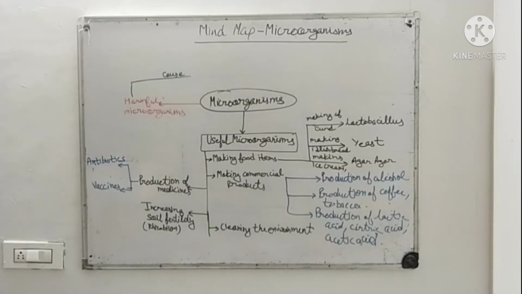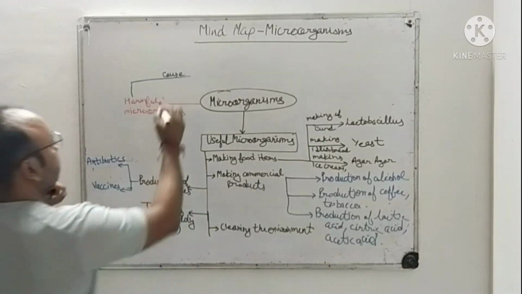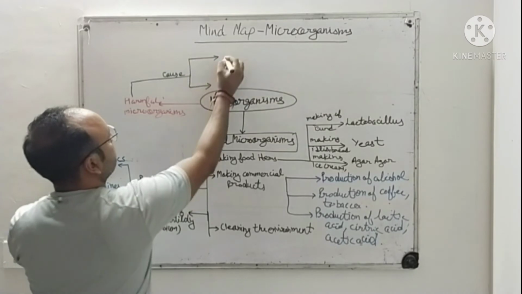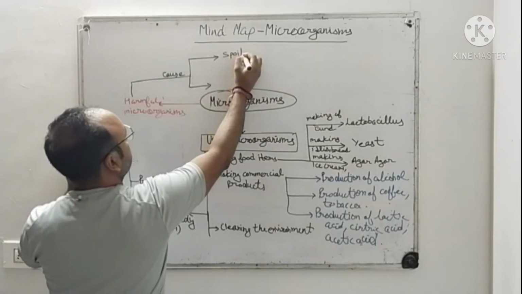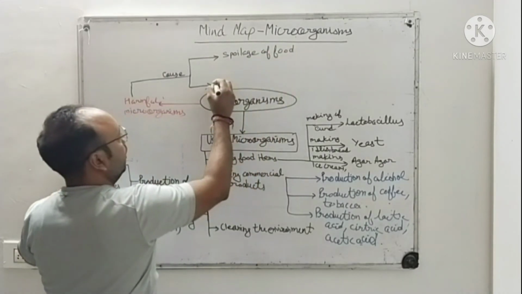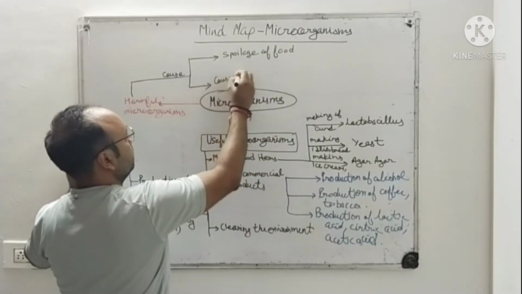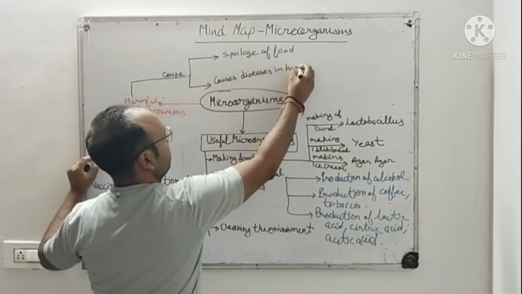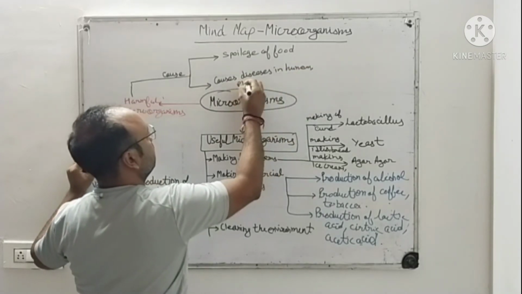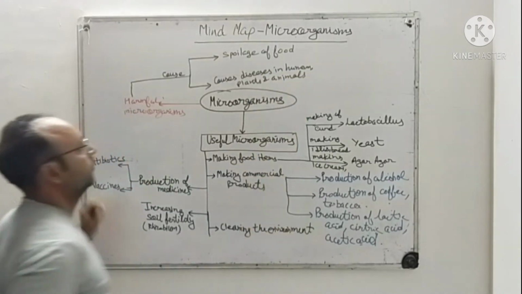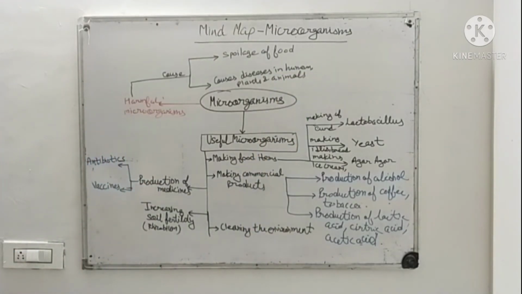We have to find out the cause. Why are we saying that they are harmful? So what do they do? Spoilage of food. They spoil our food and cause diseases in humans, plants and animals as well. In all, they are causing diseases.